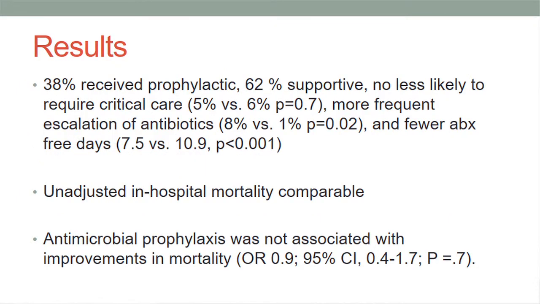So the results showed that about 38% received prophylaxis and 62% received supportive care, and the prophylactic group was no less likely to require critical care, and there was more frequent escalation of antibiotics, and there were fewer antibiotic-free days in that group. And the unadjusted in-hospital mortality was pretty comparable, showing that the antibacterial prophylaxis group did not have any associated improvements in mortality.